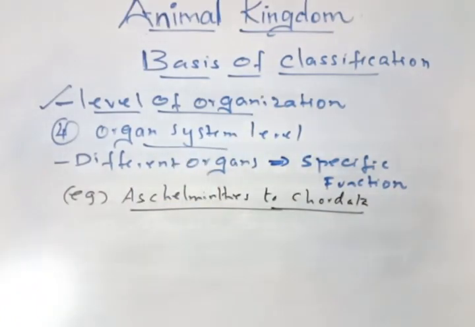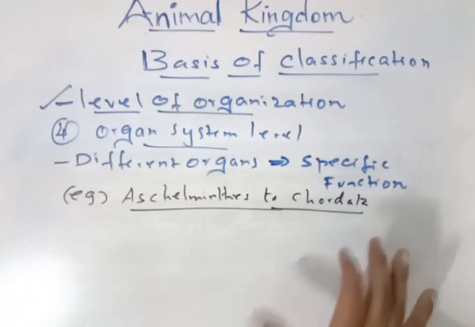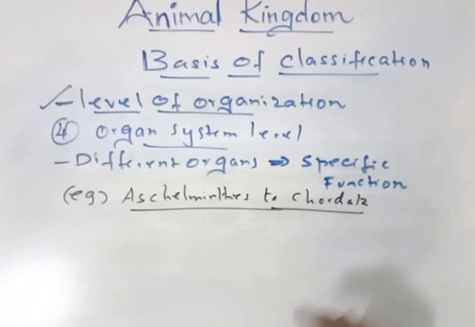So what are all the others? Aschelminthes, Annelida, Arthropoda, Mollusca, Echinodermata, Hemichordata, and finally in vertebrates, one phylum that we will discuss later called Chordata. All these organisms, from Aschelminthes to Chordata, are placed under organ system level of organization.